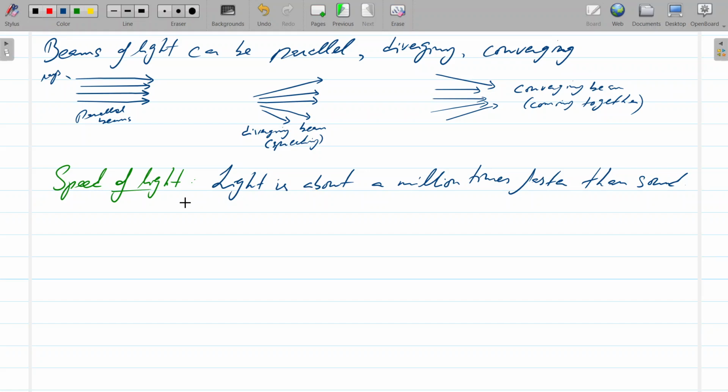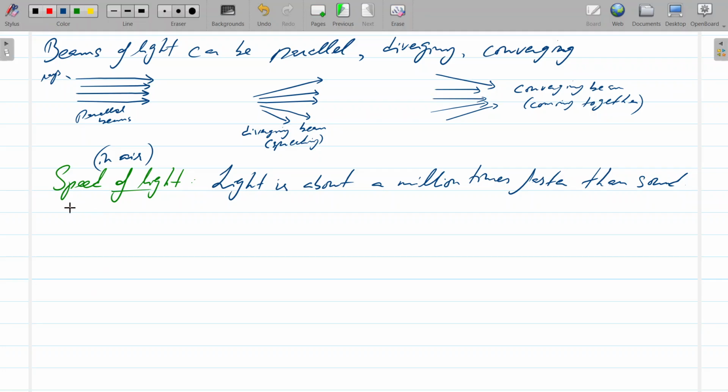Here we're talking about the speed of light in air, or vacuum. Well, not vacuum, because sound doesn't travel through vacuum.